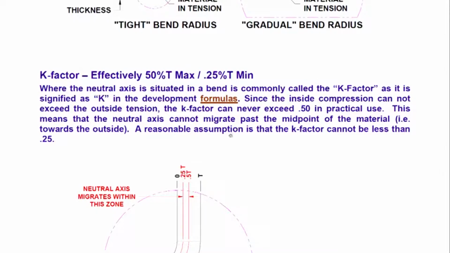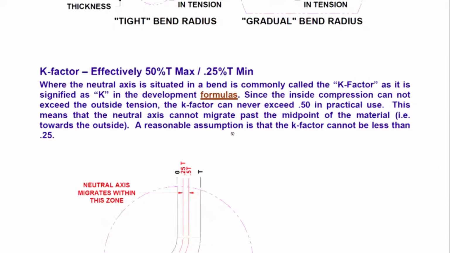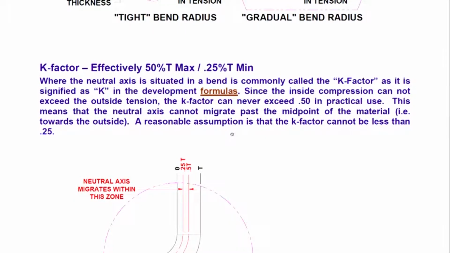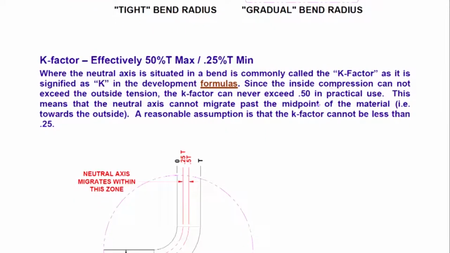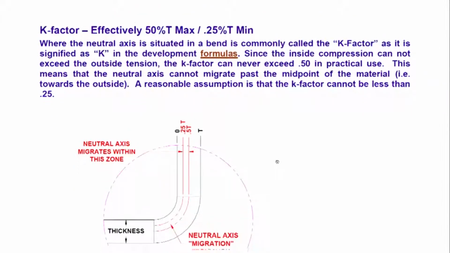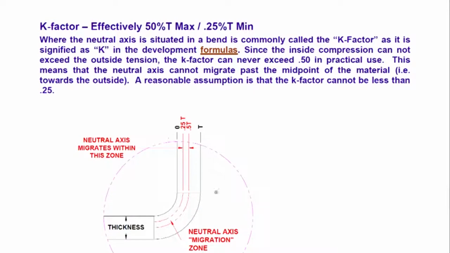It is signified by K in the development formulas. Since the inside compression cannot exceed the outside tension, K factor can never exceed 0.5 in use. The neutral axis cannot migrate past the midpoint of the material. A reasonable assumption is that the K factor cannot be less than 0.25. Mind you, it is again an assumption.